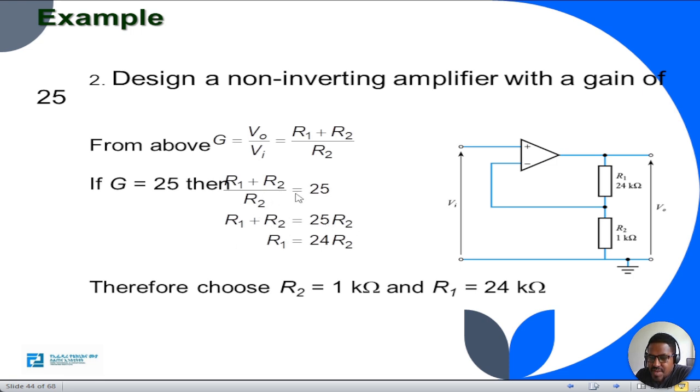When you cross-multiply and simplify, R1 plus R2 equals 25 times R2. So R1 equals 25 R2 minus R2, so R1 becomes 24 R2. Therefore, choose R2 as 1 kilo ohm and R1 becomes 24 kilo ohm. So R1 means 24 multiplied by R2. That is simple.